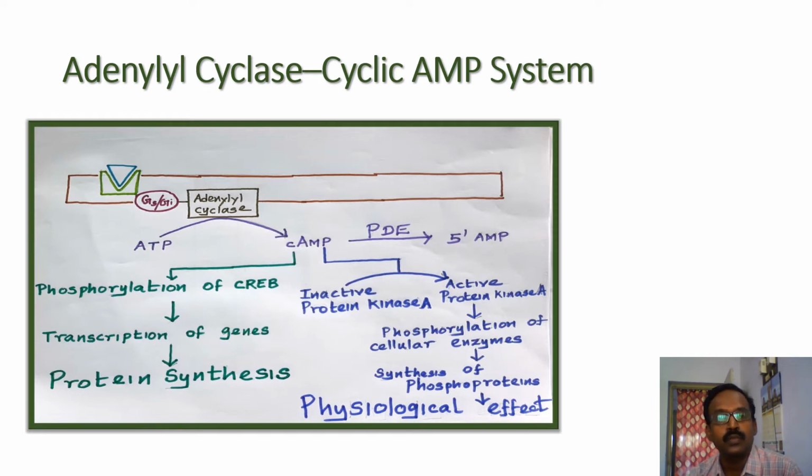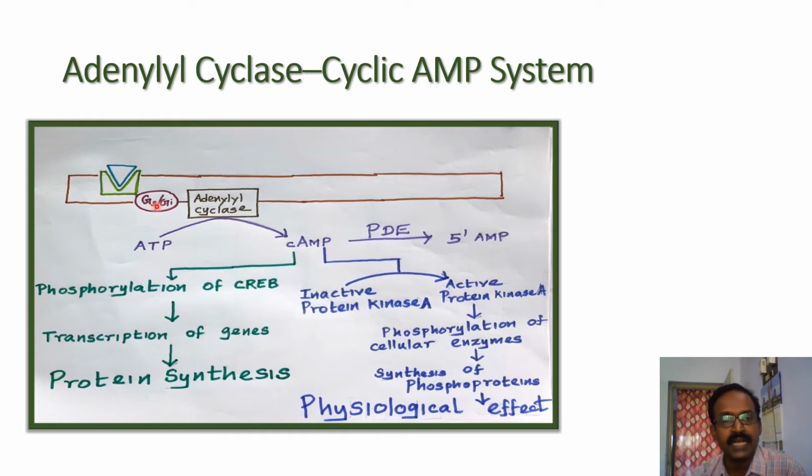In the adenyl cyclase cyclic AMP system, when the hormone binds with the receptor, it activates the G protein, GS or GI.